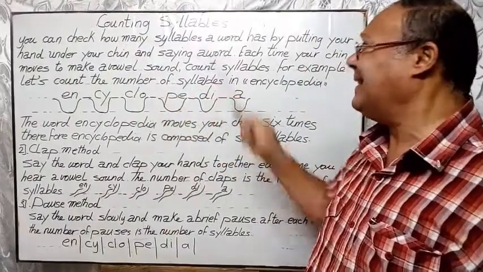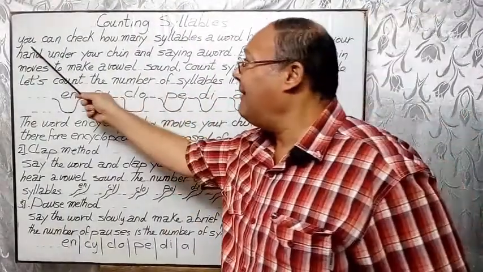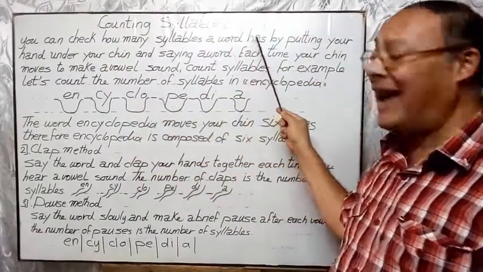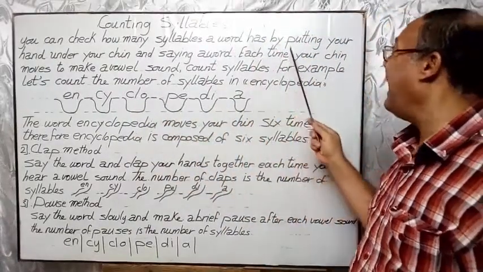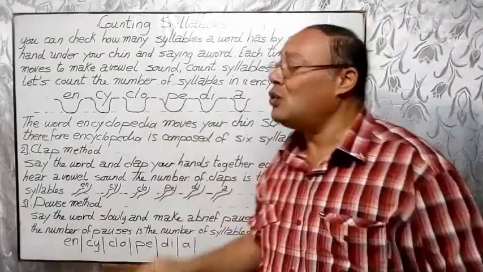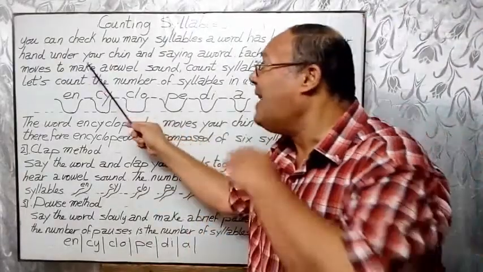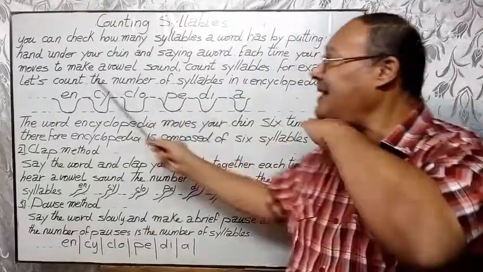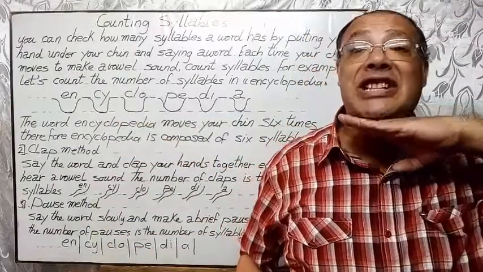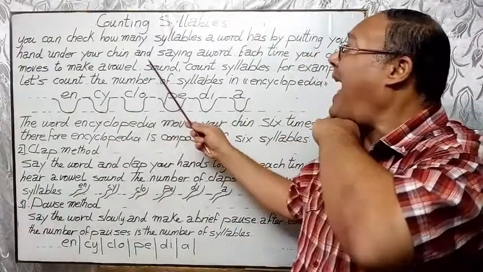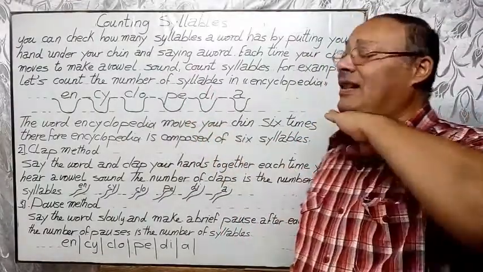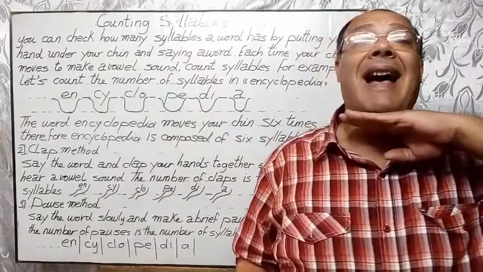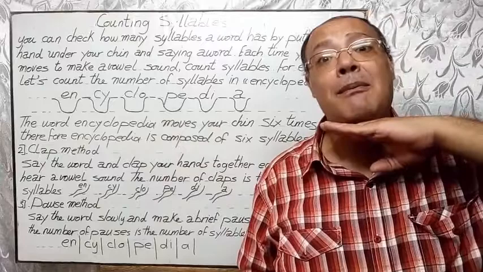Counting syllables. You can check how many syllables a word has by putting your hand under your chin and saying a word slowly. This method is called the chin method.